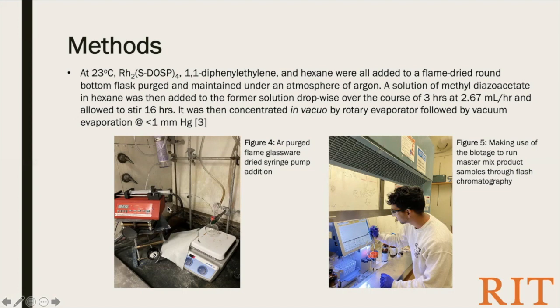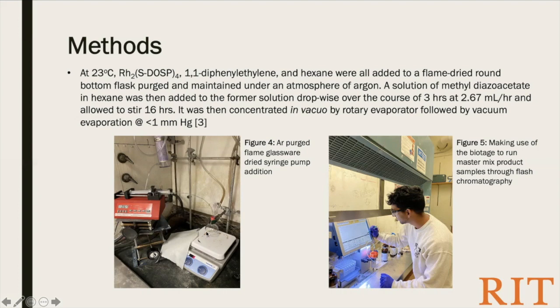This reaction was done over the course of 3 to 4 hours and was left to stir overnight. The next day, it was concentrated in vacuo by rotary evaporator and was then also vacuum evaporated, in order to get rid of all the hexane solvent that we needed to dissolve everything.